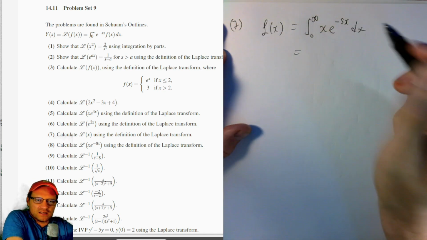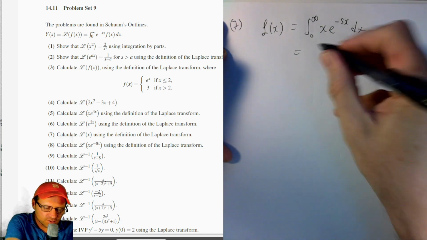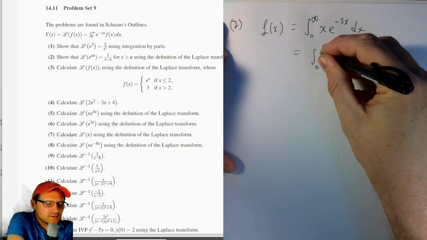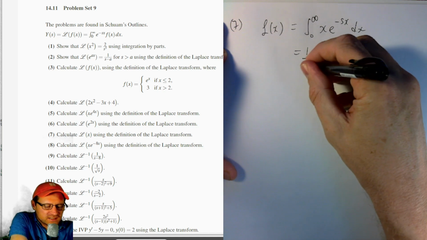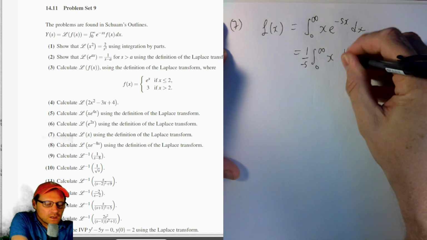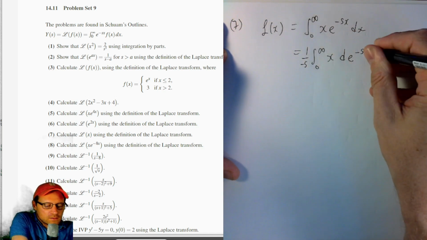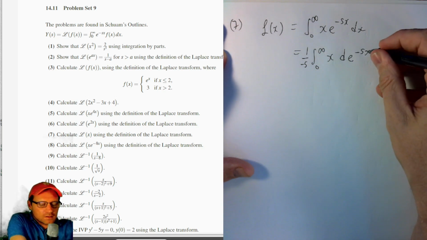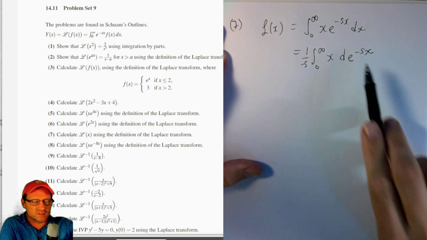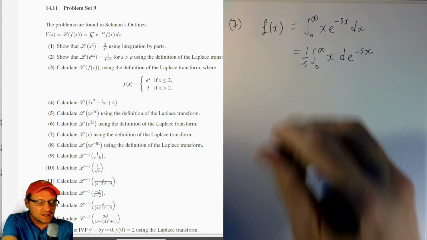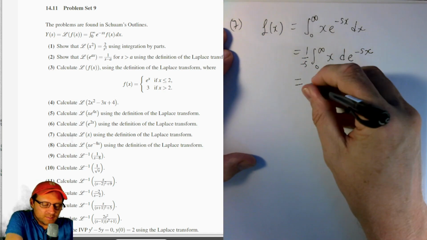Okay, we turn that e to the minus sx into a derivative, but doing that involves dividing by minus s. And then getting rid of the dx, so that this is the integral of x with respect to e to the minus sx. Now let's use integration by parts on this.